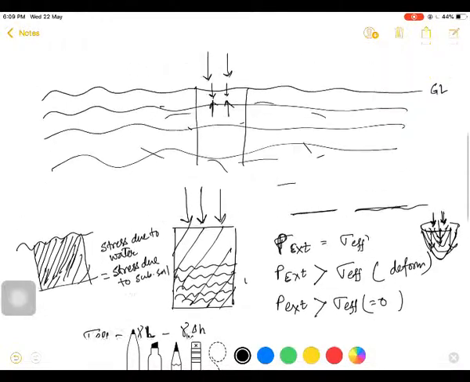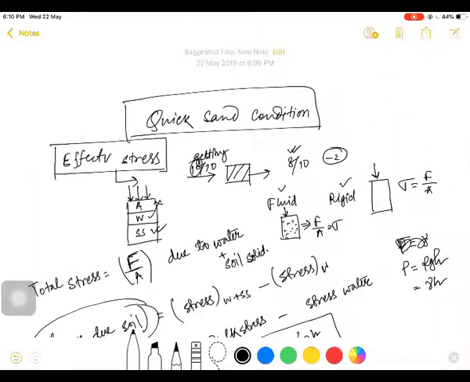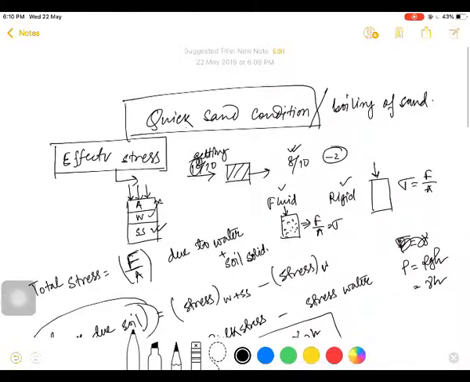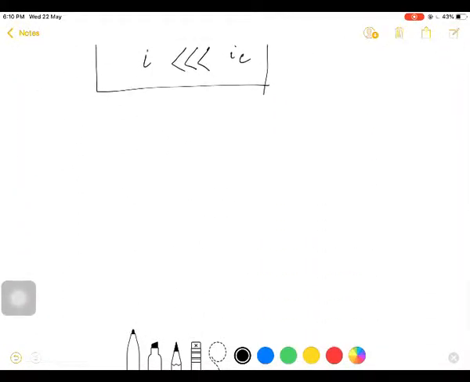That is why this is known as your quicksand condition, or someone says boiling of sand. So, if you want to write what you mean by quicksand condition, you may write: when flow takes place upward.